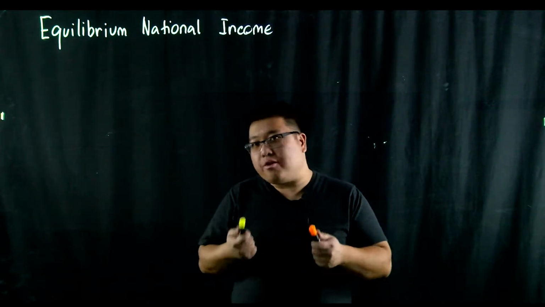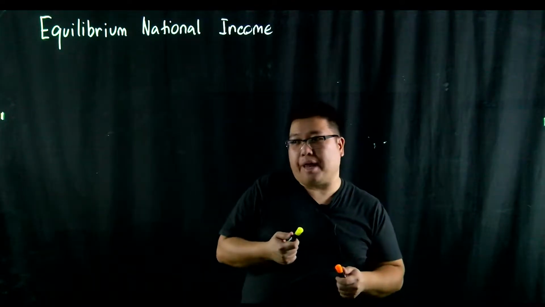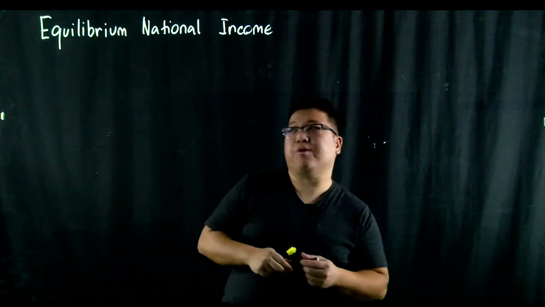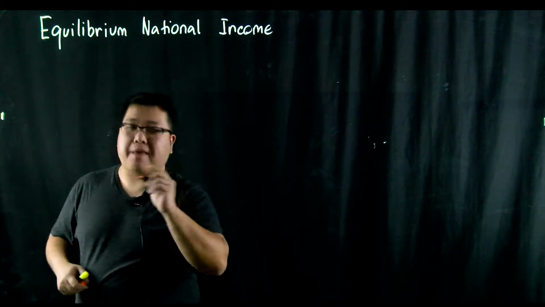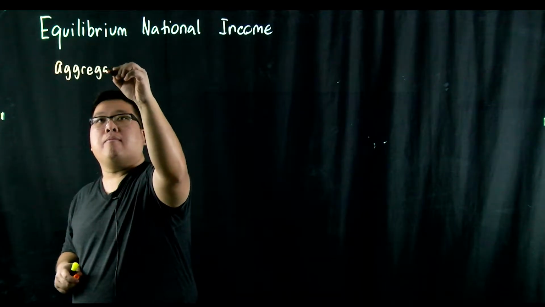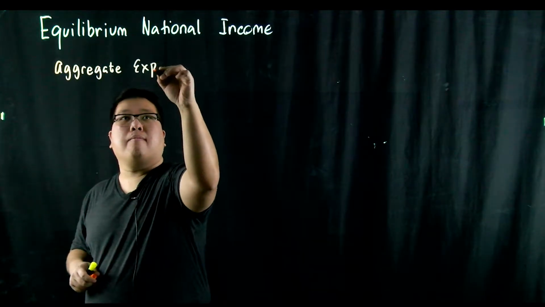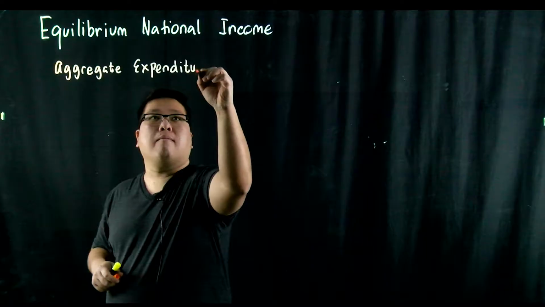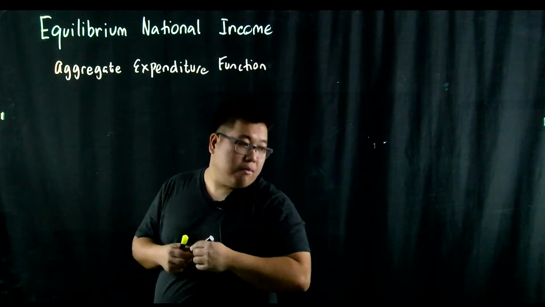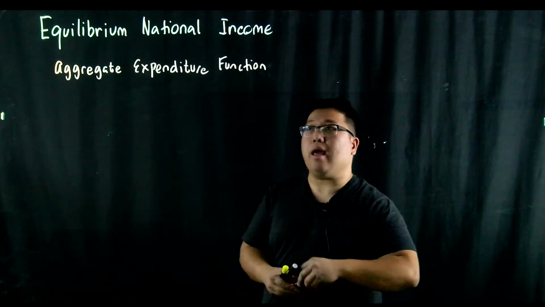In order for us to understand what we mean by equilibrium national income, I have to introduce you first to a concept which we call the aggregate expenditure function. Now, this aggregate expenditure function, we will call this AE, or the AE function.